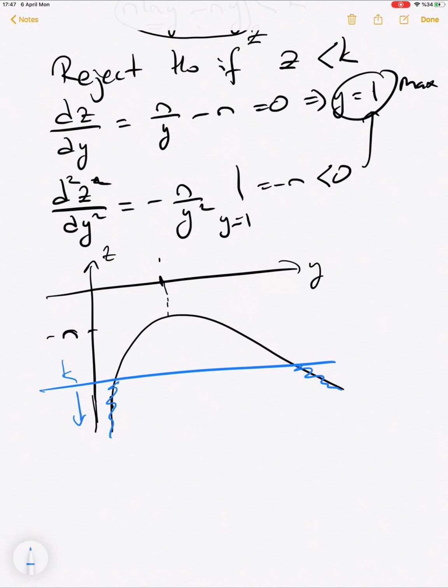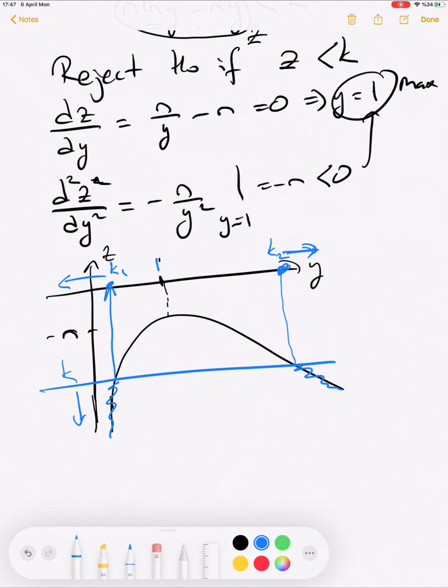I'm trying to write this region in terms of y. So in terms of y, the region less than this point and greater than this point will be my rejection region. This is the point where we have 1, we have k1, and we have k2. So this will be the rejection region in terms of k's.